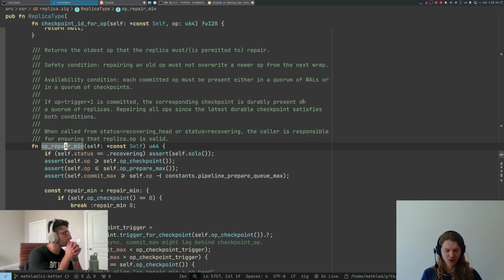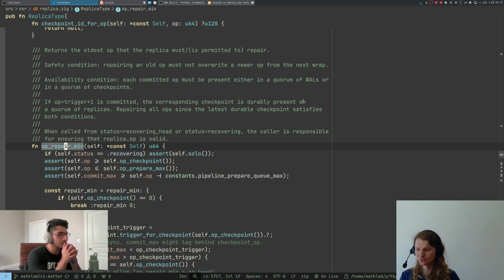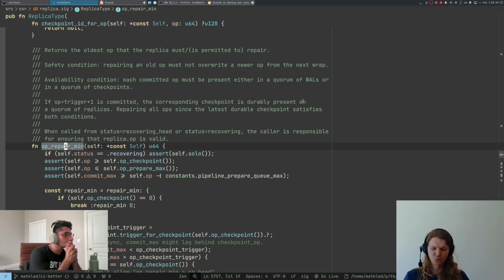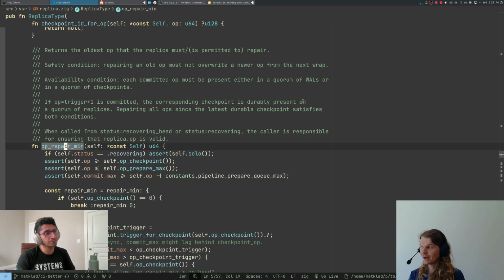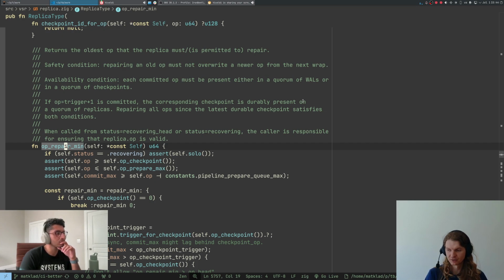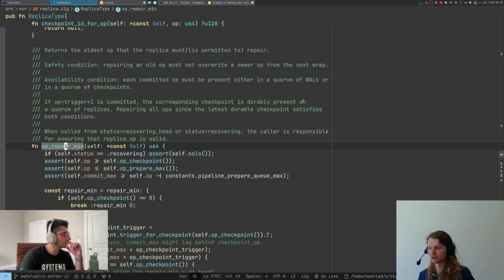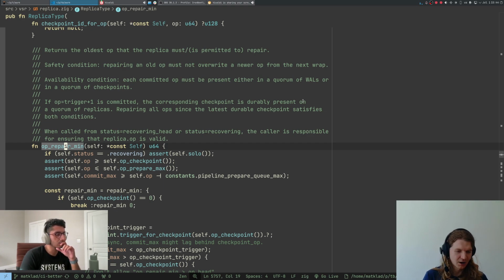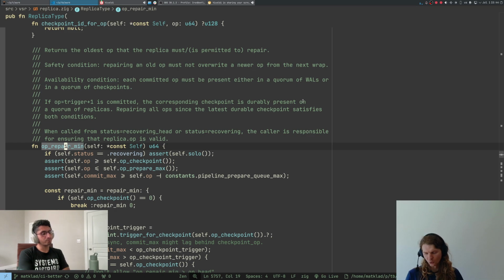Right now we were thinking: if we get a new prepare, can we append it to our log? All prepare main is the opposite. It says, okay, this is the old prepare, which we at some point had in our log. Should we append it, or should we ignore it as too old? So basically, if we discover corruption in our log, should we try to repair it, or is it old data which is going to be overwritten anyway?